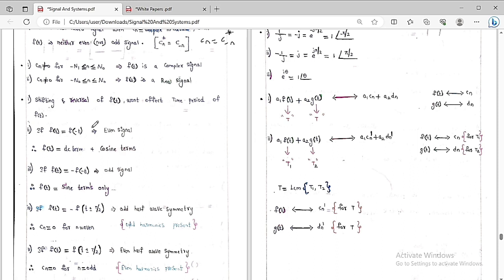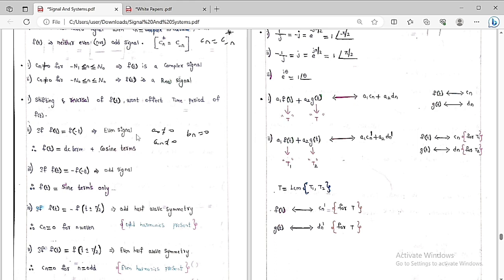Now the next point is, if f of t is equal to f of minus t, then I already told you this is called a real even value signal. Then a0 is not equal to 0 and an is not equal to 0, but bn is equal to 0, meaning the DC term and all the cosine terms are present.